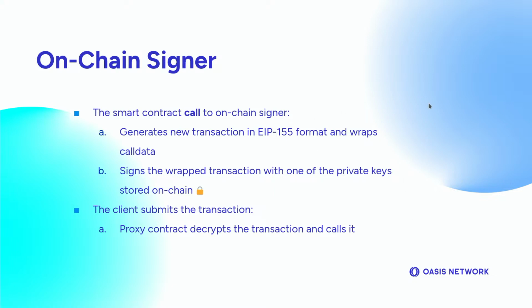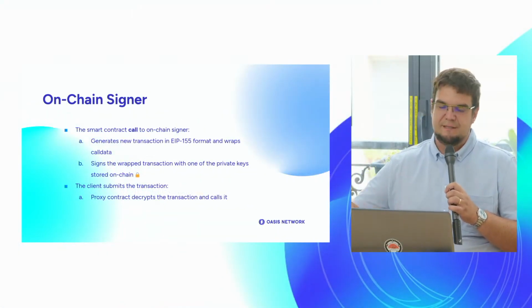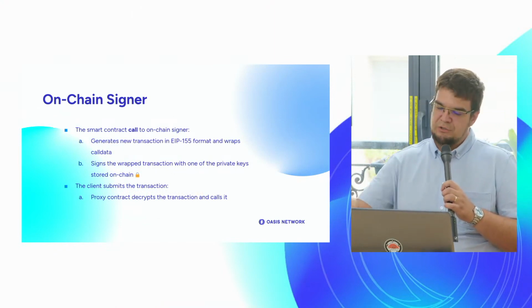So basically, the client sends the vote on-chain. The vote is encrypted using the ephemeral state, the paratime ephemeral key, and then on-chain the transaction call is decrypted.